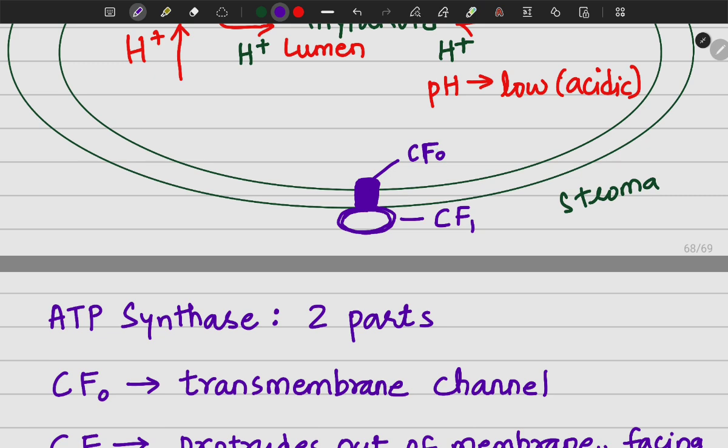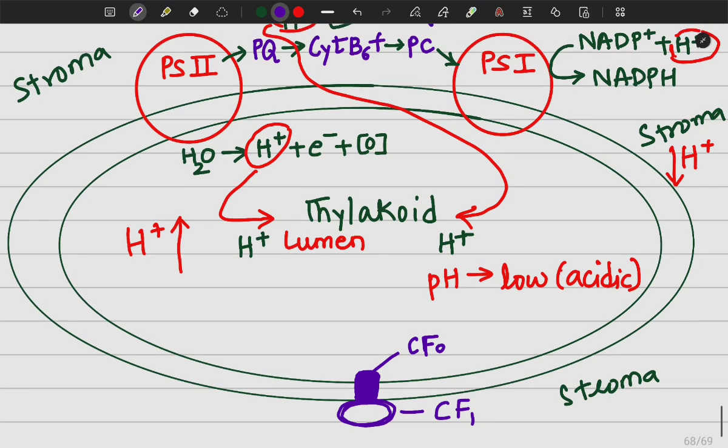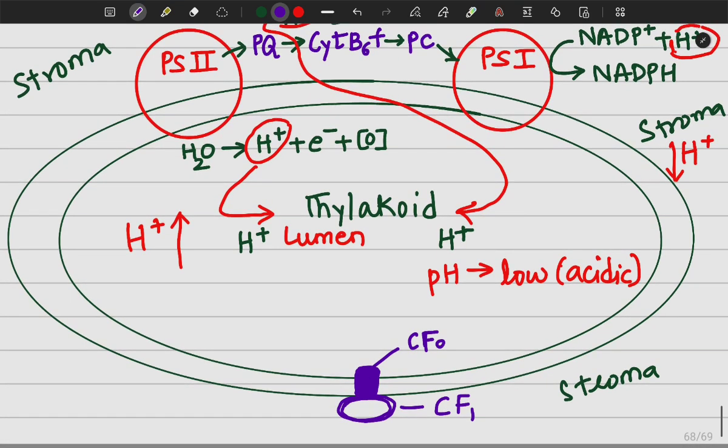Now what will happen, because of the accumulation of H plus ions inside the lumen, because of the creation of the proton gradient, these H plus ions will need to be thrown out of the lumen to maintain the equilibrium of this proton balance inside the lumen and outside the lumen, because outside the lumen there is stroma, where there is deficiency of H plus ions.